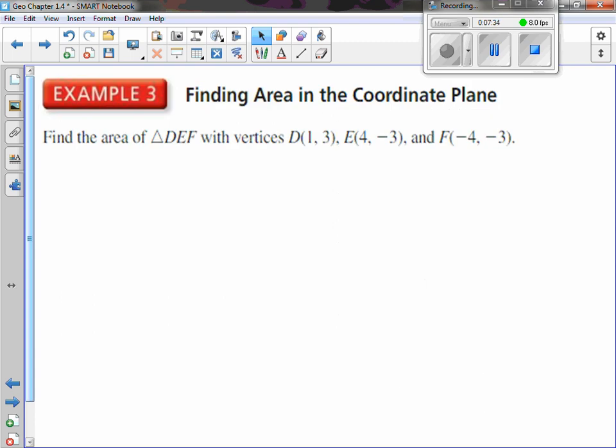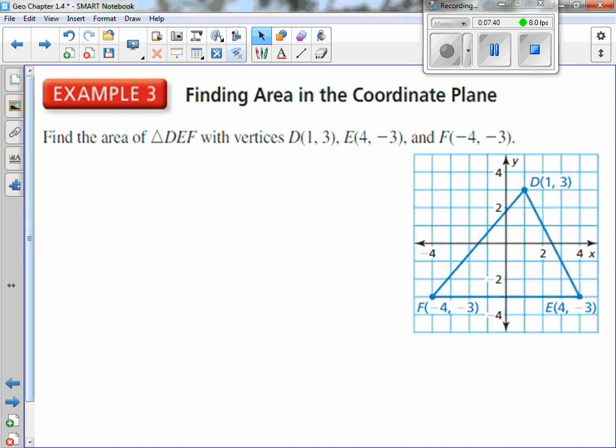Then we'll move on to area. Finding the area. Now, I did uncover this one for you. You already have this here, yes? Now, the area formula for a triangle is what?